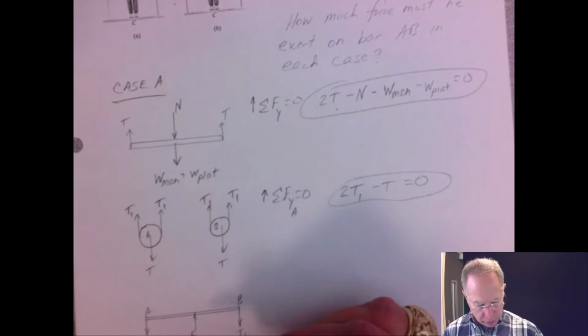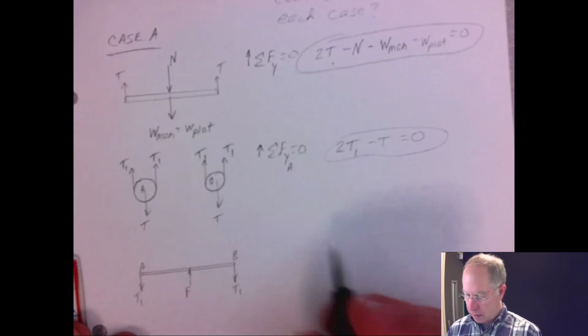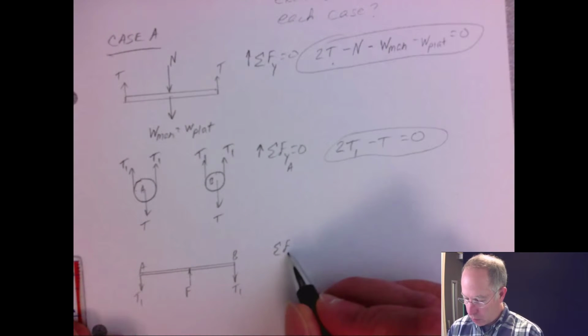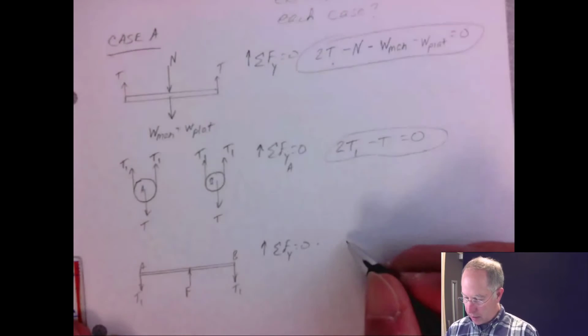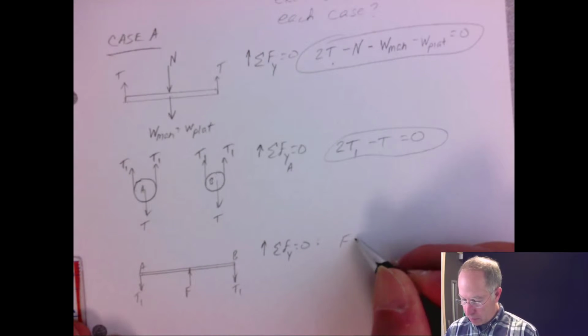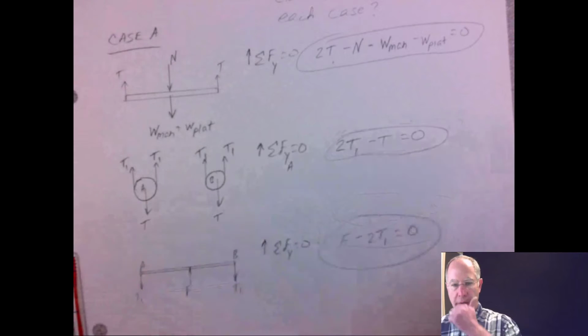That's the force, just call it F. So summating forces, y equal to 0, you see that F minus 2T1 equals 0. So 3 equations.